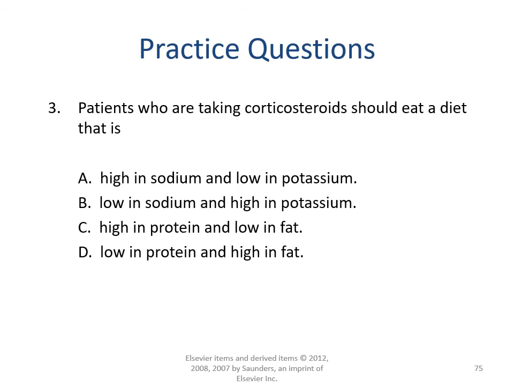Number 3: patients who are taking corticosteroids should eat a diet that is, and this is answer choice B, low in sodium and high in potassium.